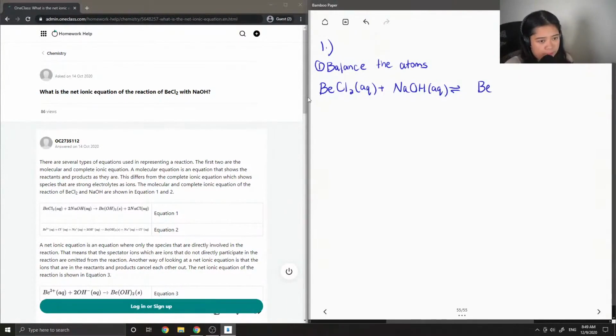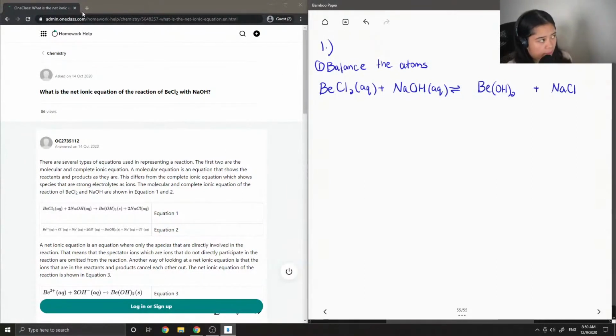So here, the beryllium will now be bonded with the hydroxide. And beryllium has a +2 charge, so that's why we need 2 hydroxide ions to balance that out. And our second product is just sodium chloride.